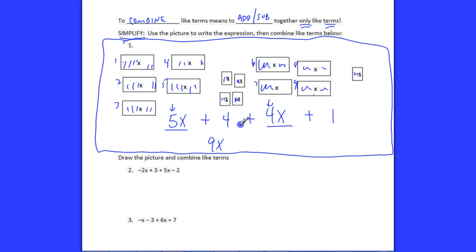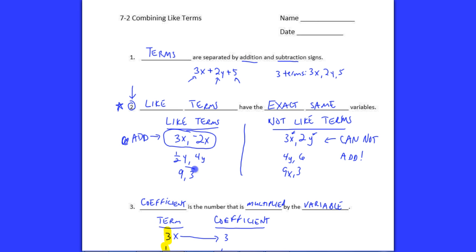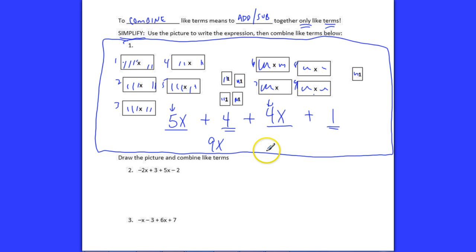Now I also have, I'm going to put 2 lines under the 4 because I have these 4 ones, and this is a like term to the 4. Let's look back. These were like terms. We can add these 4 here with this 1 right here and get 5. So I have 9x and I have 5, or 9x plus 5.